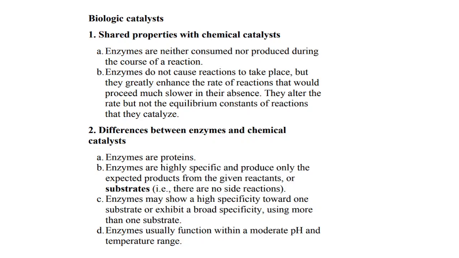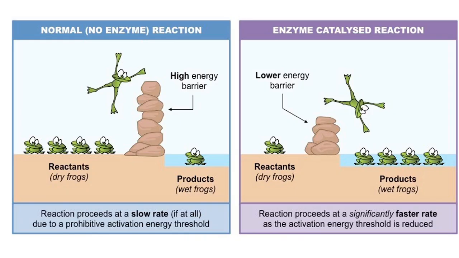Enzymes are also highly specific and produce only the expected product from the given reactants or substrates. Enzymes may show a high specificity towards one substrate, or exhibit a broad specificity using more than one substrate. Enzymes usually function within a moderate pH and temperature range, whereas chemical catalysts do not require such conditions.